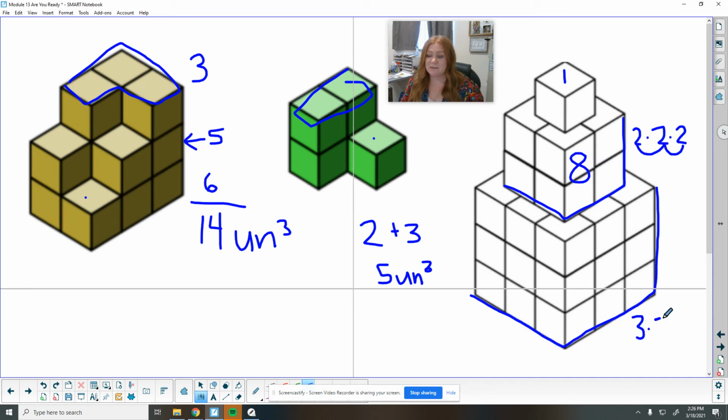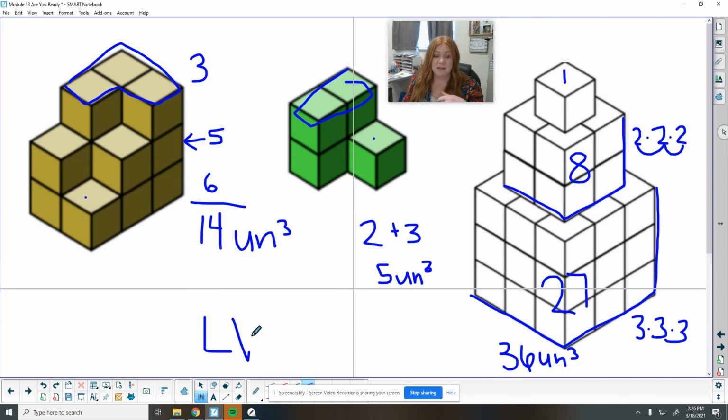So 3 times 3 is 9, times 3 is 27. So 27 plus 1 is 28, and 8 more is 36 units cubed. So when it's just a rectangle, length times width times height.